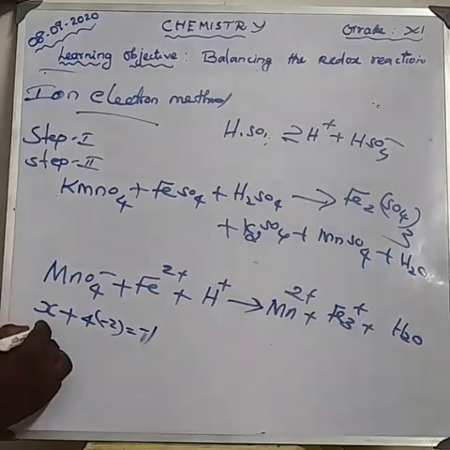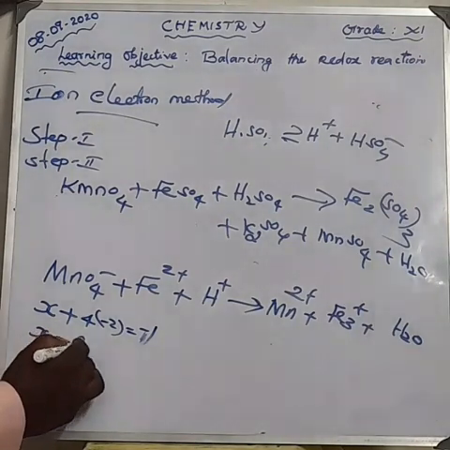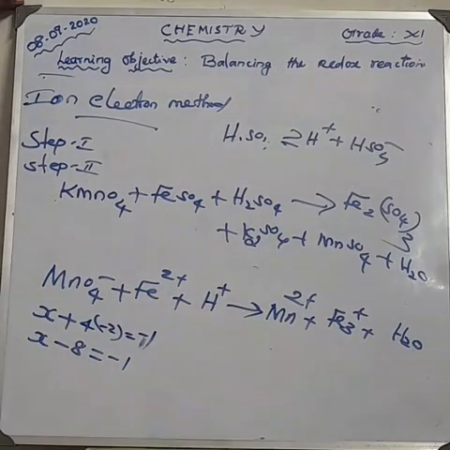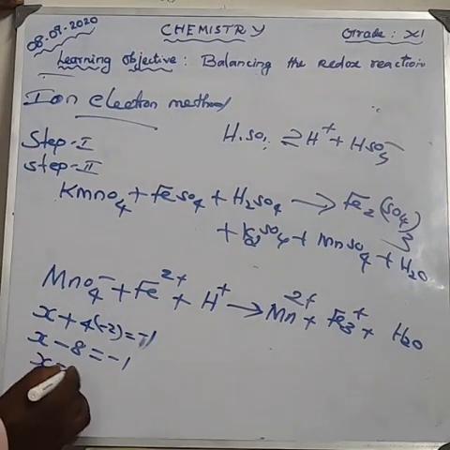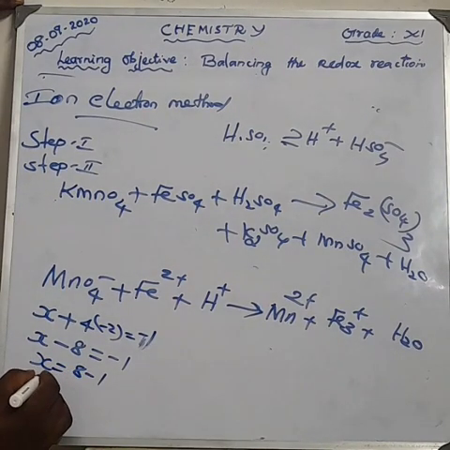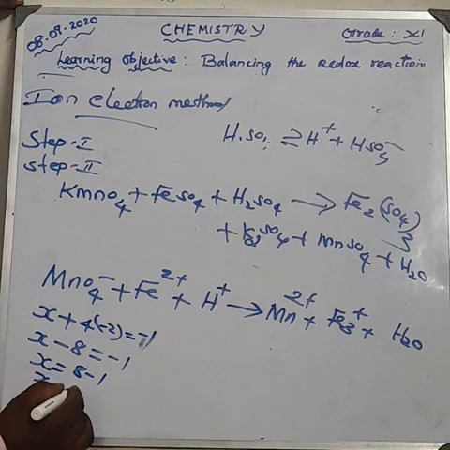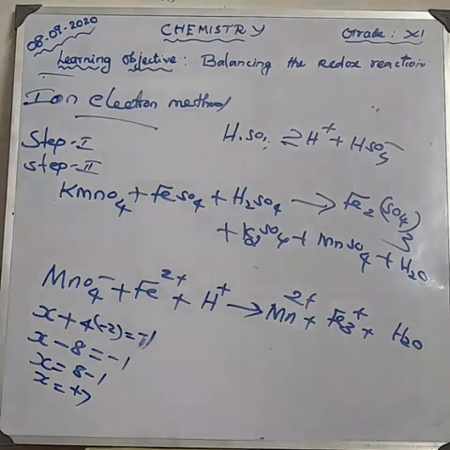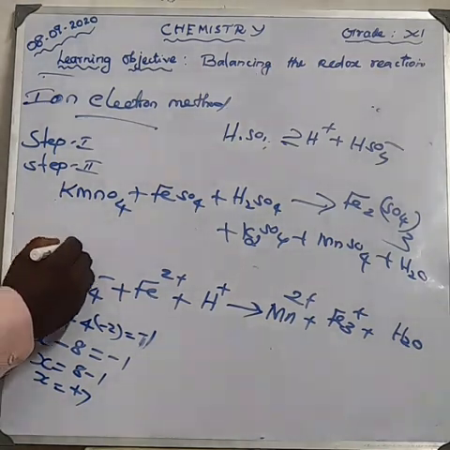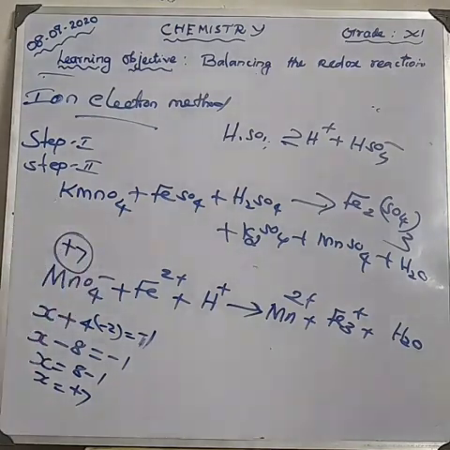Then how will I write? X minus 8 equal to minus 1. X is equal to 8 minus 1, X is equal to plus 7. Here plus 7 is the oxidation state for MnO4 minus ions.